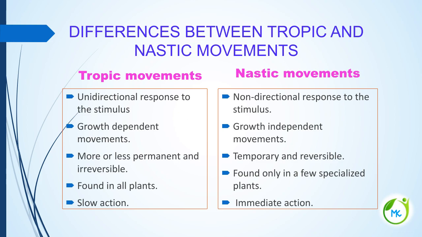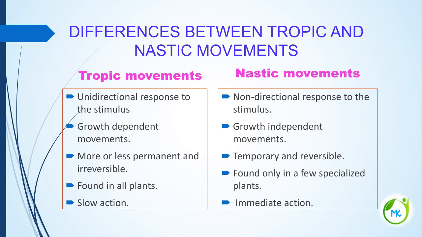Whereas in case of Nastic movement, it is a growth independent movement. So it has no connection with the growth. For example, the leaves of the touch-me-not plant close upon touching, is there something to do with the growth? No. So it is called a growth independent movement.